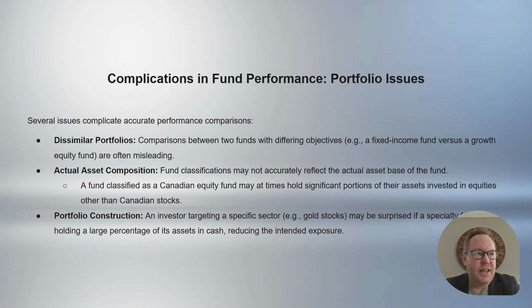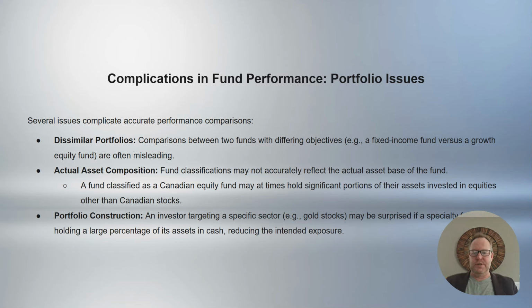For example, a Canadian dividend equity fund versus a Canadian growth equity fund. The dividend fund would seem much more stable and income oriented with growth. The growth fund would have zero income, may have several years of stagnant growth, but then have 1 or 2 years of incredible growth. So again, comparing dissimilar portfolios can be a very large issue.